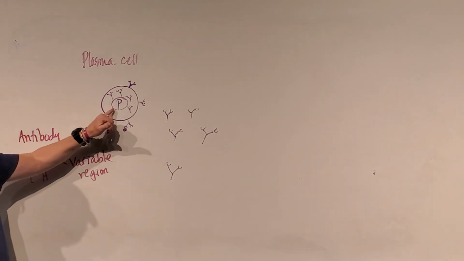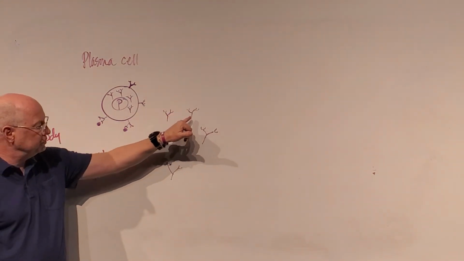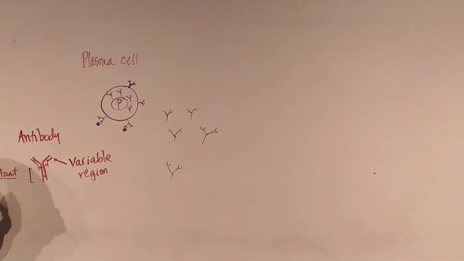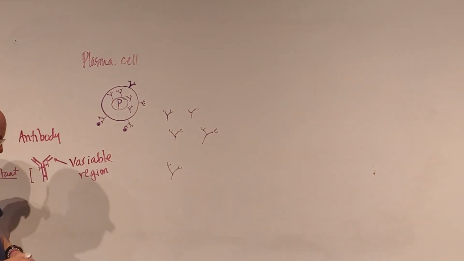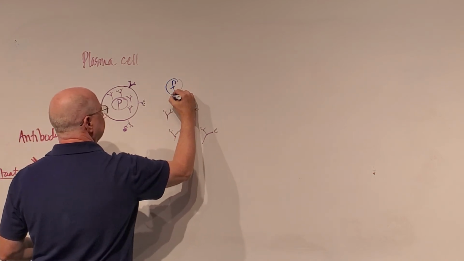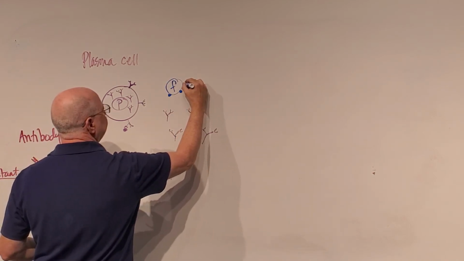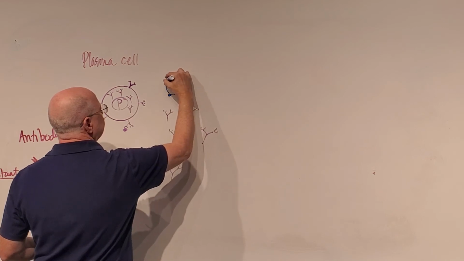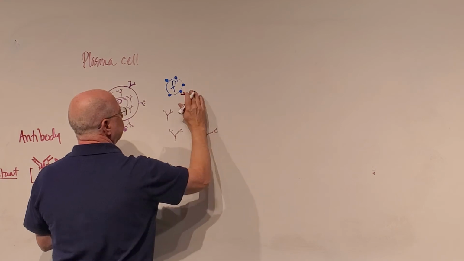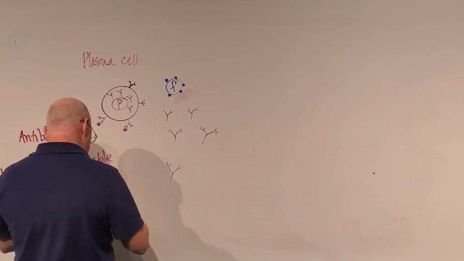So for example, if this plasma cell is making these specific antibodies, then their variable region will be set for that particular antibody. And if I have a foreign cell that comes in and has a protein on its surface that these antibodies can recognize, then the antibodies will bind to it.